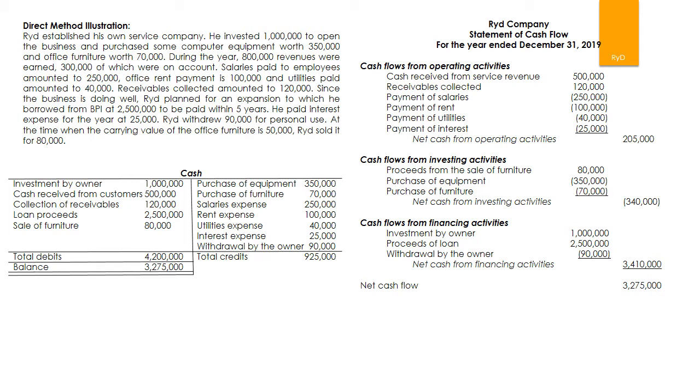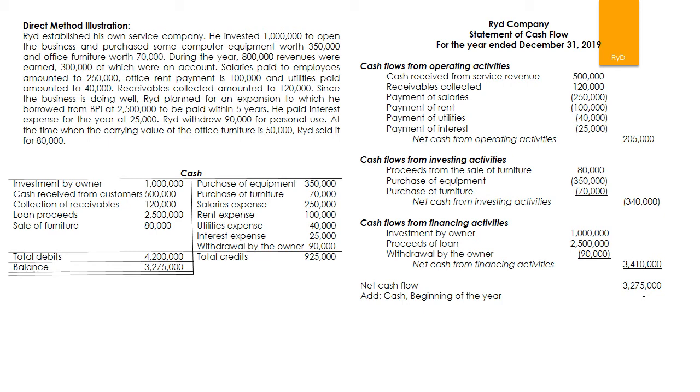So 205,000 less 340,000 plus 3,410,000. So our net cash flow is 3,275,000. Then after which we add our cash at the beginning of the year. So since in this problem, class, the business was just established, there is no beginning cash balance yet.